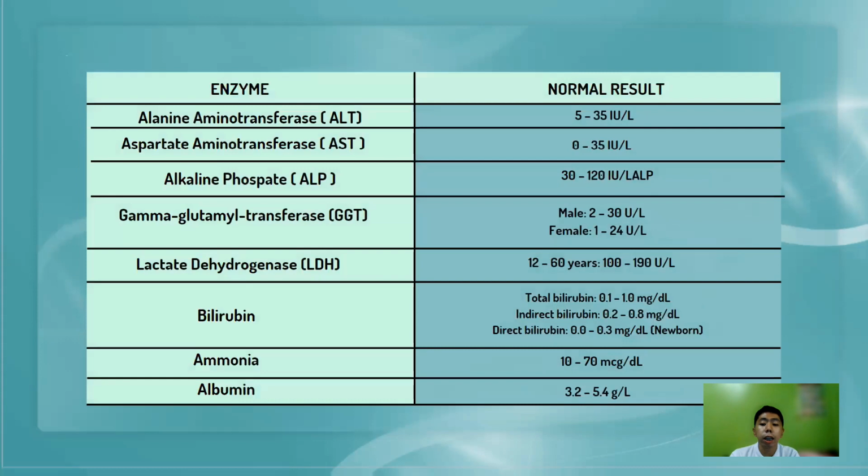And the direct bilirubin is 0.0 to 0.3 milligram per deciliter for newborns. And next, the ammonia. Its normal result is 10 to 70 micrograms per deciliter. And last, albumin. Its normal result is 3.2 to 5.4 grams per liter.